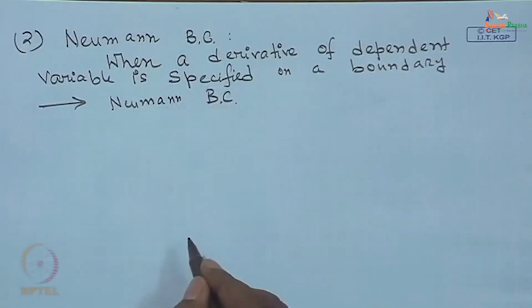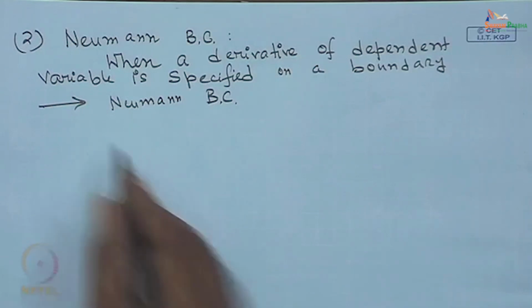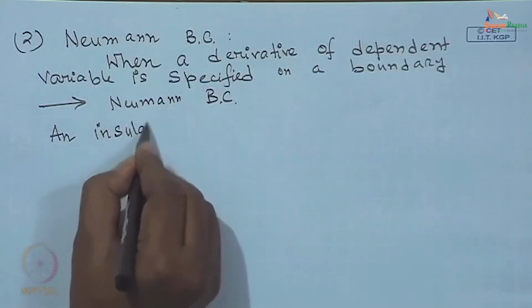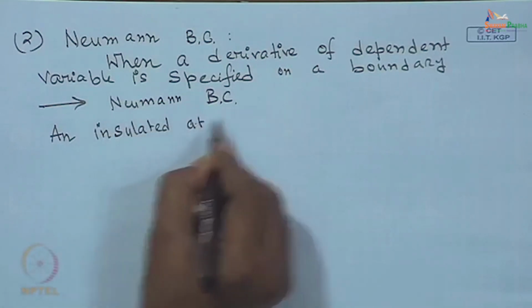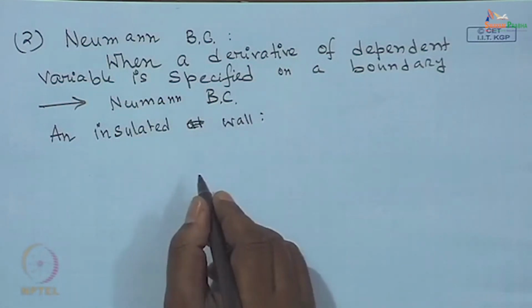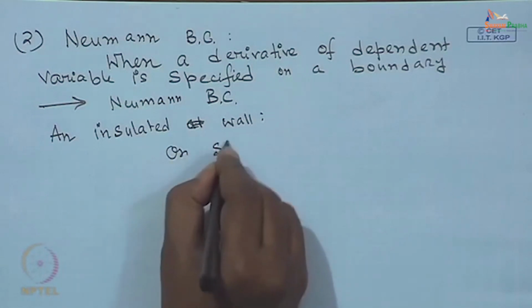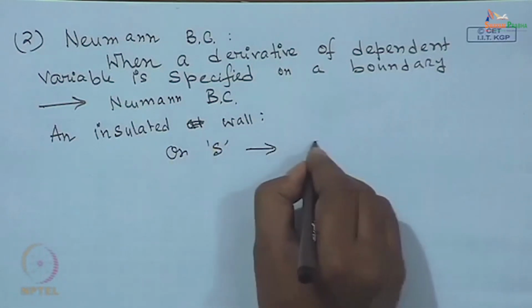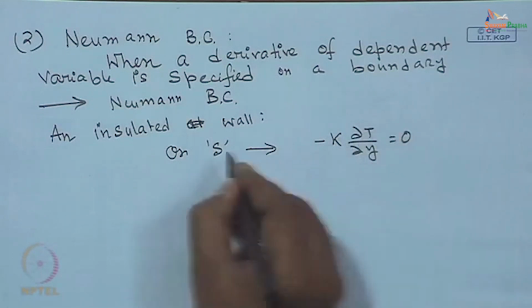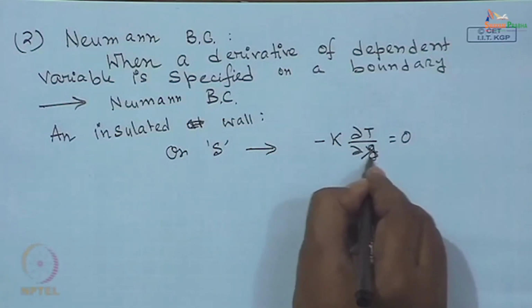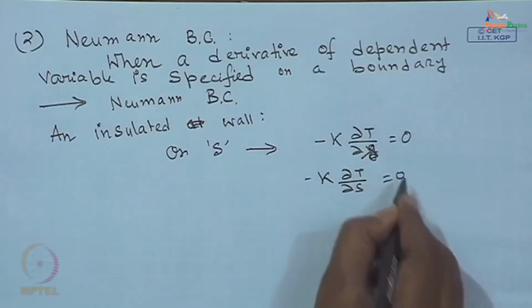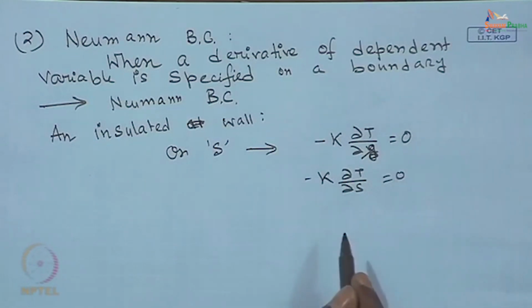That means, a physical example in chemical engineering systems is an insulated wall. An insulated wall means at a boundary on some surface S, you have minus k del t del s is equal to 0, where s is the normal direction on that surface.